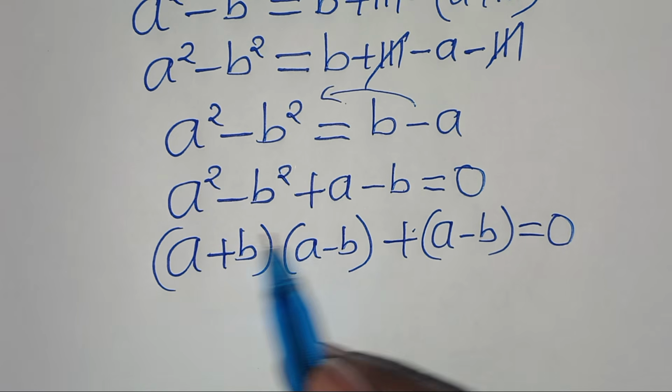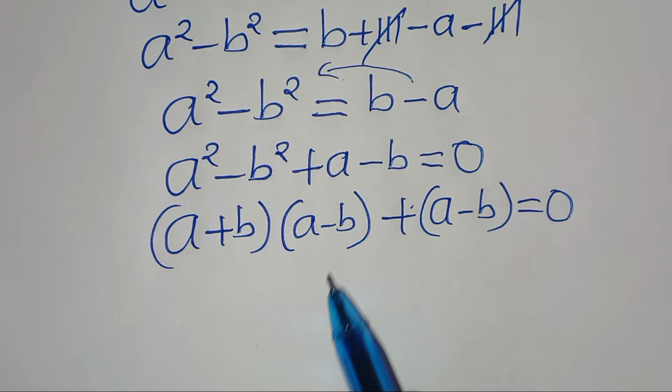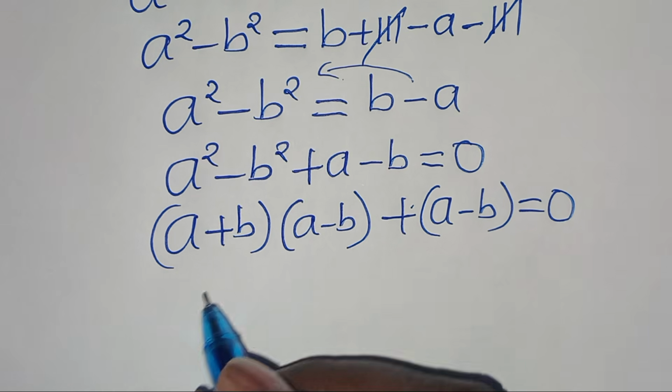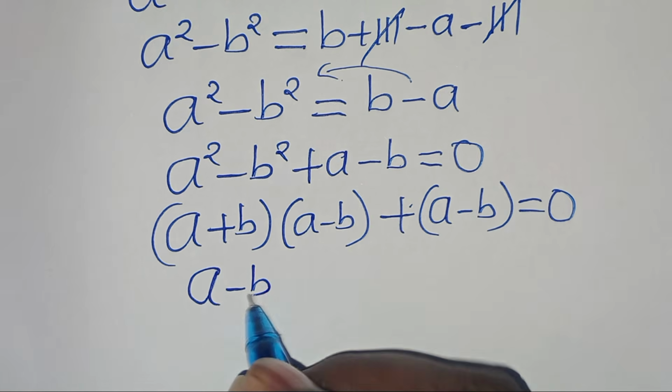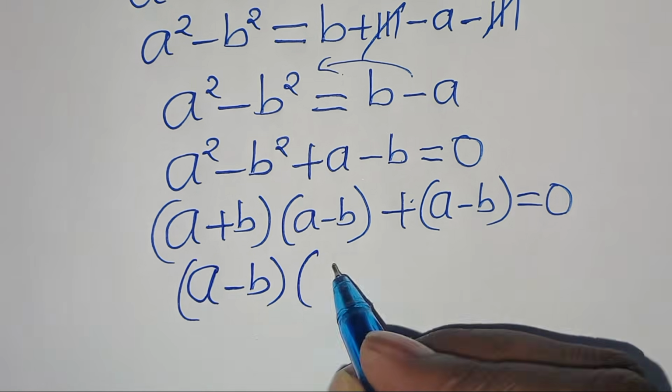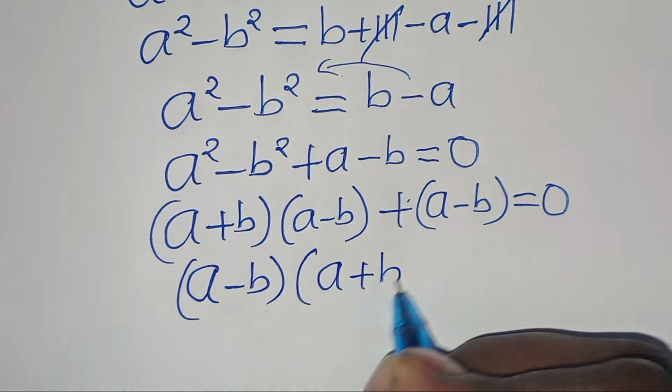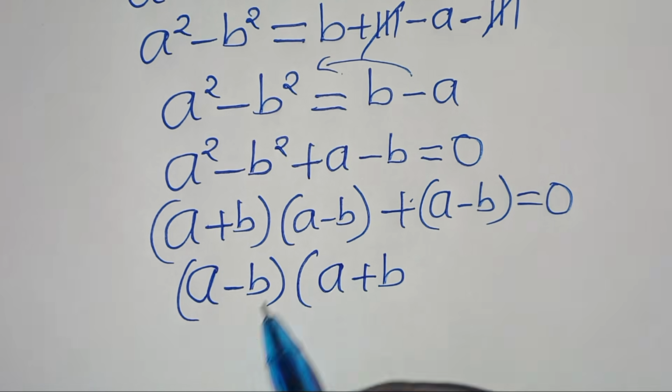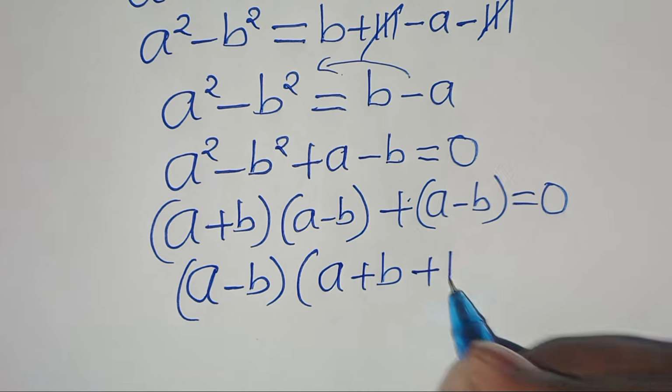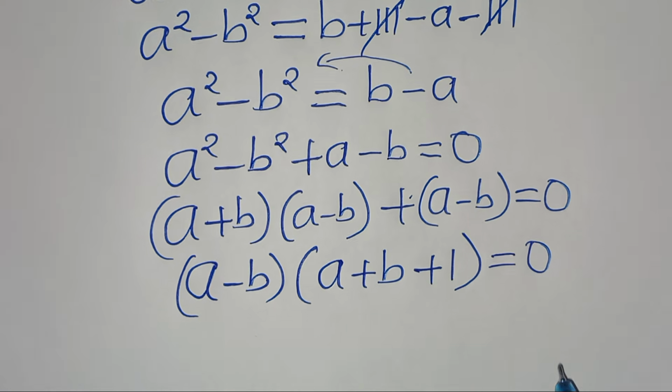This is the difference of two perfect squares. Now a minus b is common here, so let's factor out a minus b into the parentheses. This is (a minus b) times (a plus b plus 1), equal to 0.